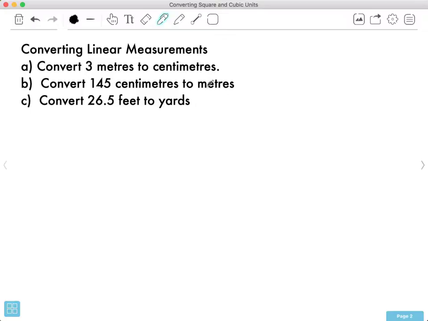So if I want to convert 3 meters to centimeters, I know that in 1 meter there is 100 centimeters. So if I'm converting meters to centimeters, all I need to do is multiply by 100. So 3 meters would be 300 centimeters.